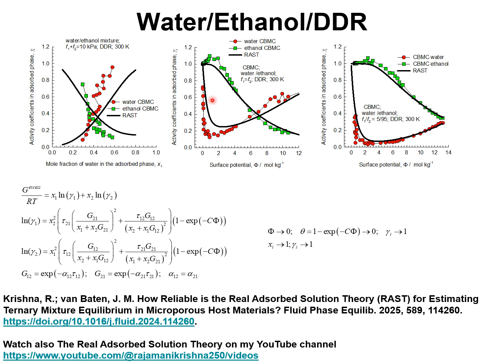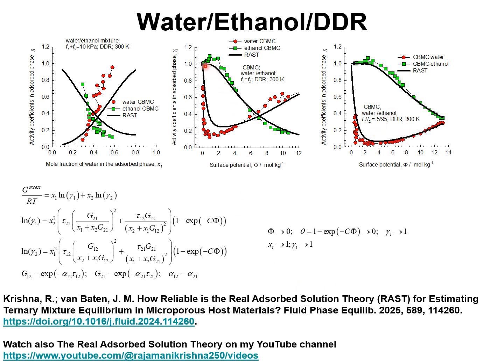For 50-50 mixtures, the activity coefficients in the adsorbed phase are plotted here as a function of surface potential. And we note that as the surface potential tends to 0, the activity coefficients of both components tend to unity. This is also true for 95-5 mixtures of water and ethanol.